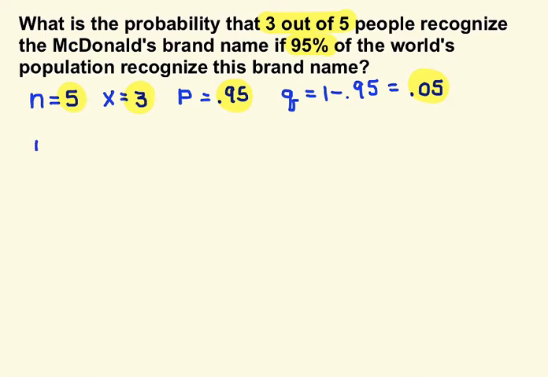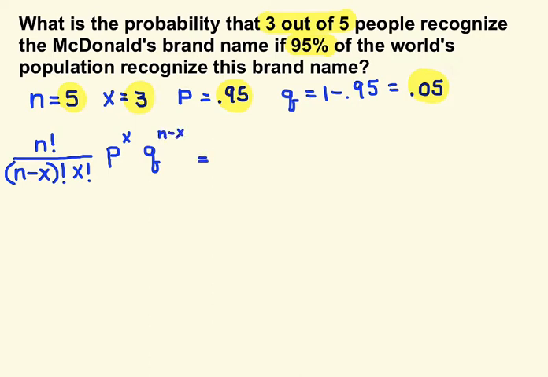Remember, the formula is n factorial over n minus x factorial times x factorial times p raised to the x times q raised to the n minus x.